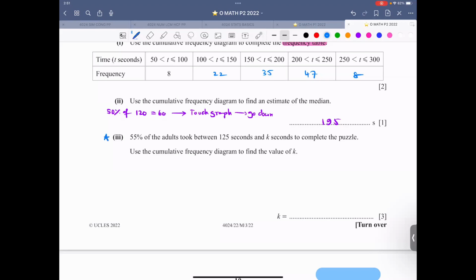It says 55% of the adults took between 125 and k seconds to complete the puzzle. Use the cumulative frequency diagram to find the value of k. Now, let me do this in steps. So step number one, go to 125 seconds and read the cumulative frequency.